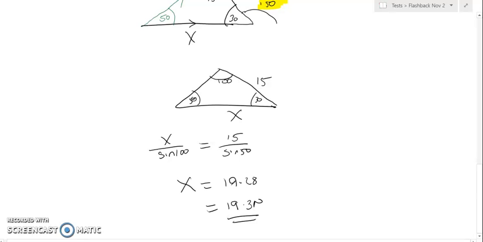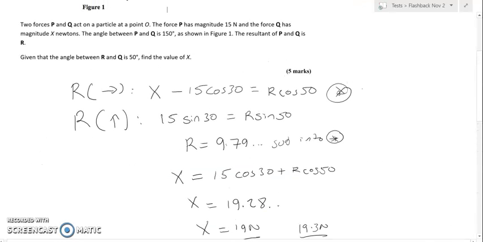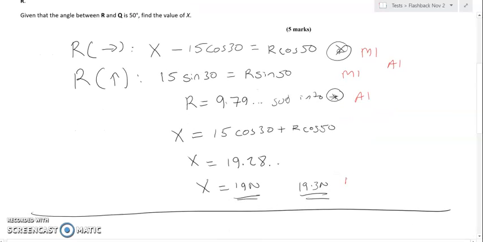So depending on which way you did it, let's just look at the mark allocation. We would say that there's going to be a method mark there, a method mark for this one, and to get both right, you'll get an accuracy mark. So there's 3 marks just for doing your resultants in horizontal and vertical directions. And then a mark for getting the R value right, and then a mark for getting the x value right.